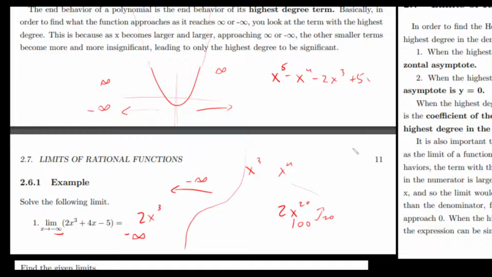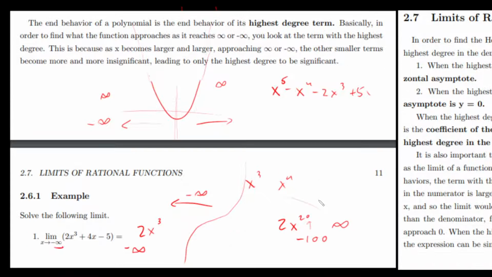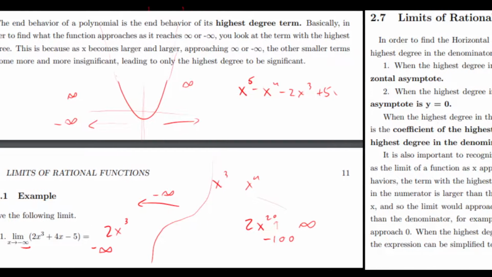So it's positive infinity. Okay, what about if I do negative 100? Well, because the exponent is an even number, I know it's always going to be a positive number. So even if x goes to negative infinity, it'll still approach positive infinity. And so if you forget or don't know how the graph looks, just plug in a positive number, plug in a negative number, see where it would approach. So that's how you do end behaviors with the highest degree term.